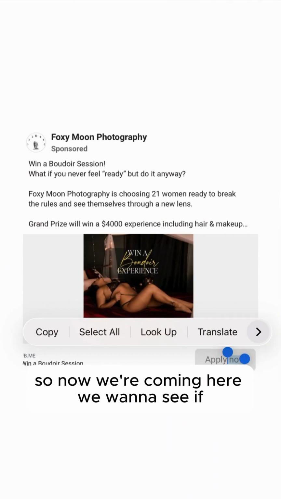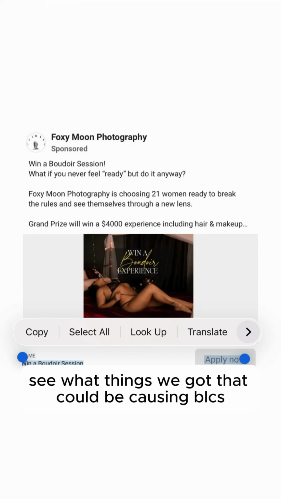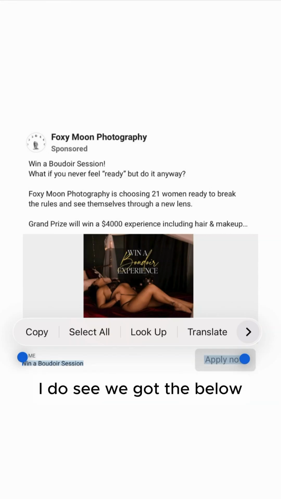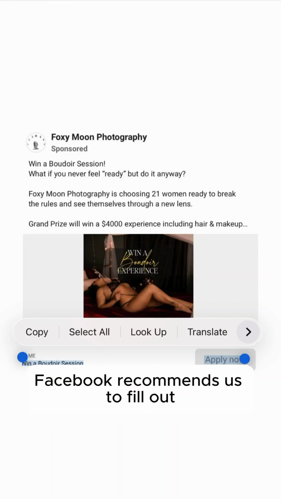So now we're coming here. We want to see what things we got that could be causing BLCS, if any. So I do see we got the below creative cluster mistake here. This is filling out all the things Facebook recommends us to fill out.